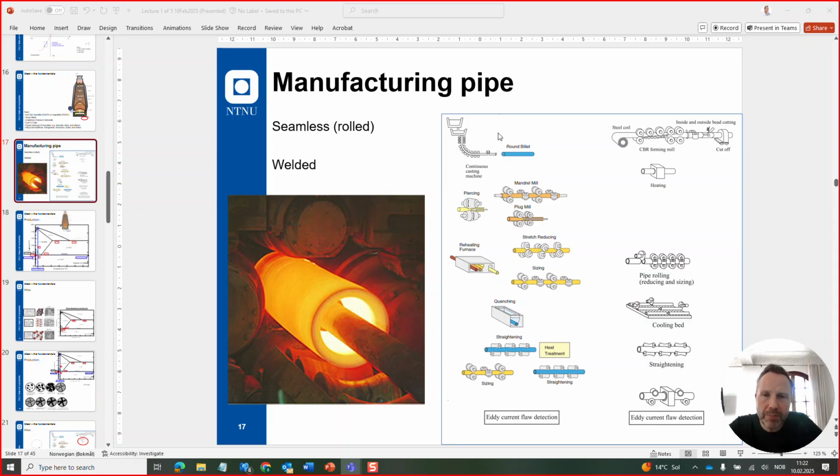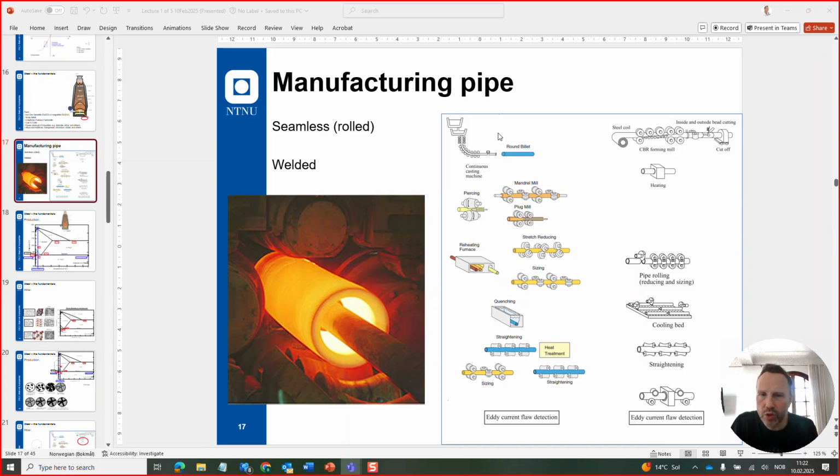Quenching meaning that you drop the temperature either quickly or in a controlled manner. All of them are done to control the micro level, the atomic level of the steel, in order to acquire the right steel properties.